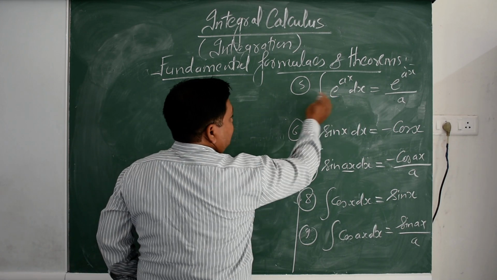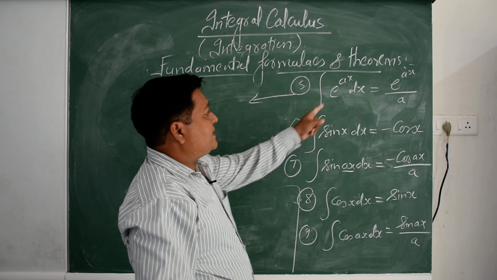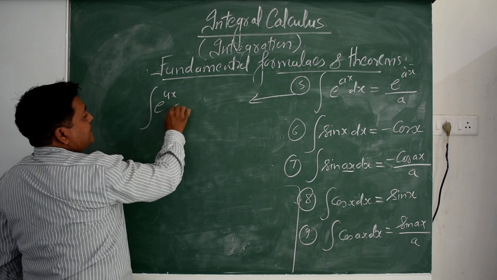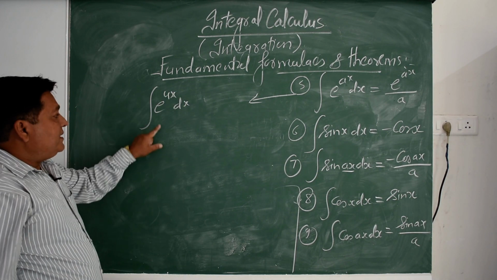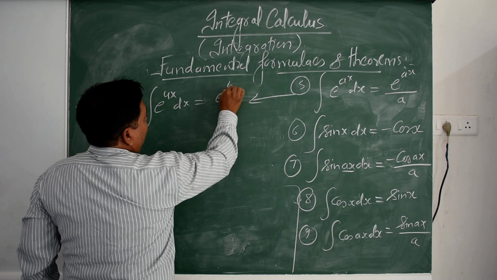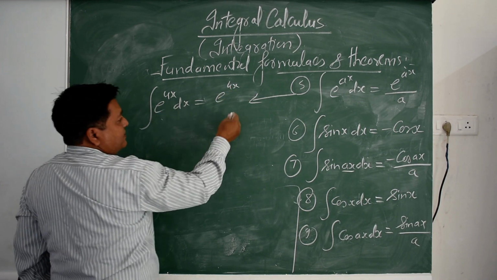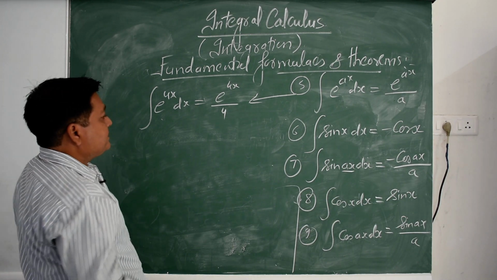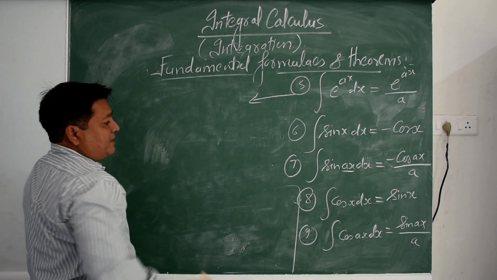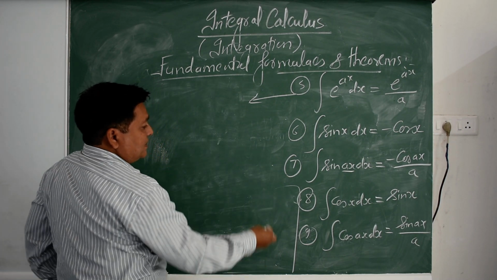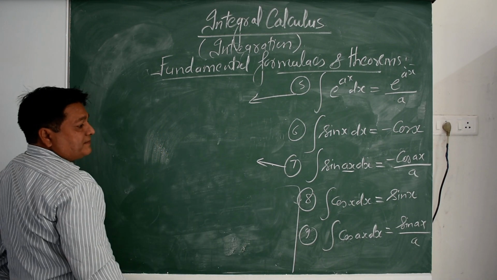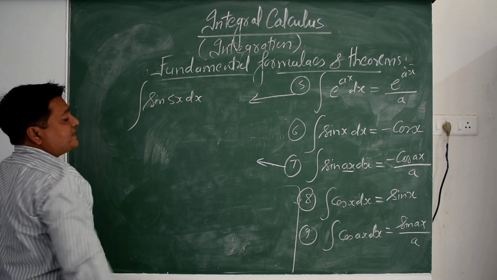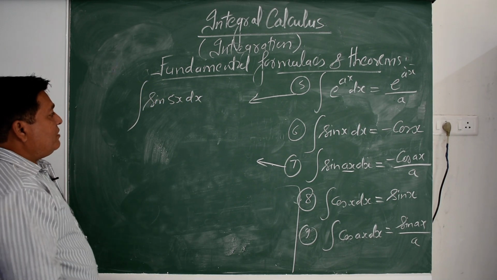How do we use this fifth one, integration of e to the power ax dx? Suppose you have been given e to the power 4x dx, then its result will be e to the power 4x upon the differentiation of 4x with respect to x, which is 4. Similarly, suppose sin 5x dx is given to us, how will we solve it?